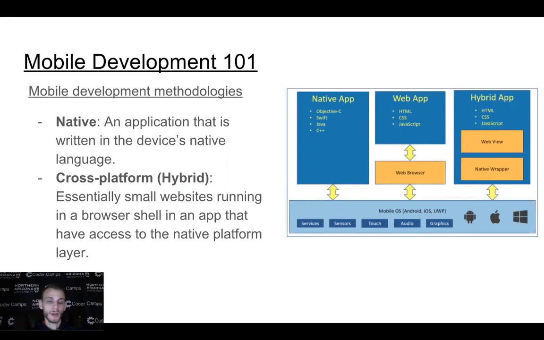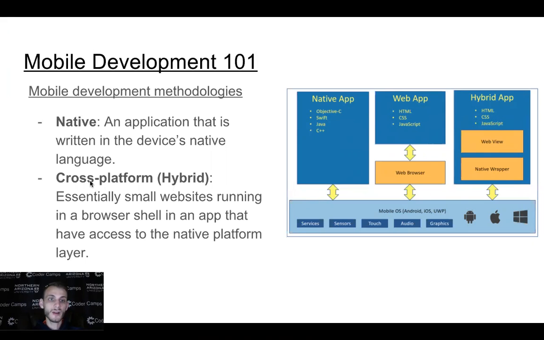You know how when you buy your phone, it already has a bunch of software on it, right? That software is written in that native language, and so we can write apps in the native language. Or, as you know, we can write regular web apps, which we host online in a web browser, which you're already used to.